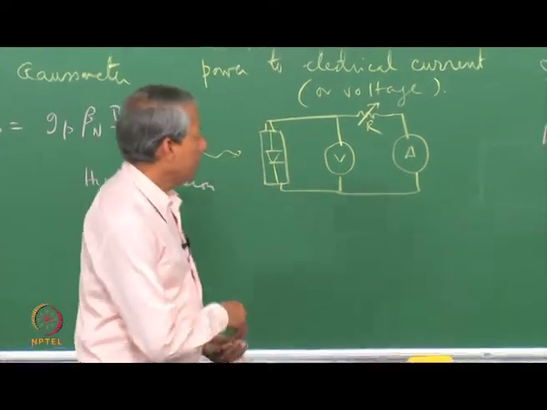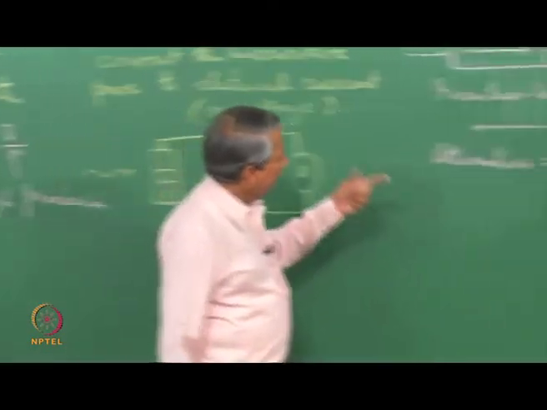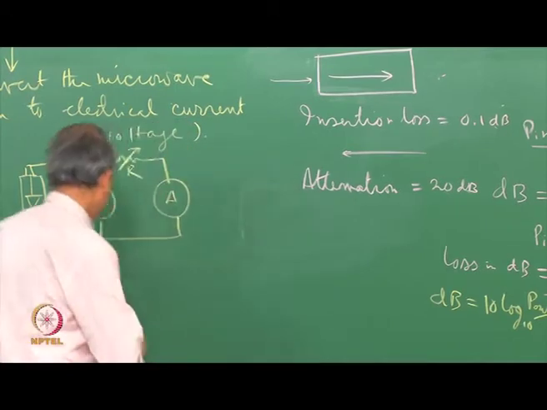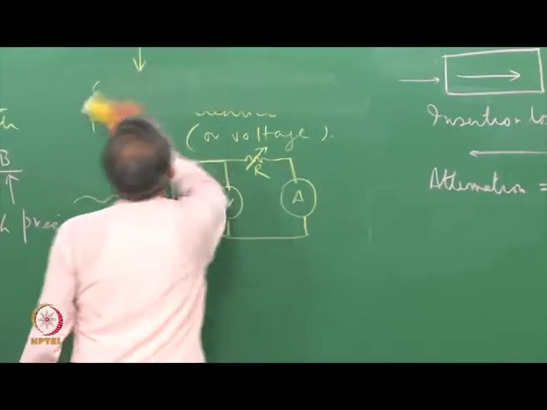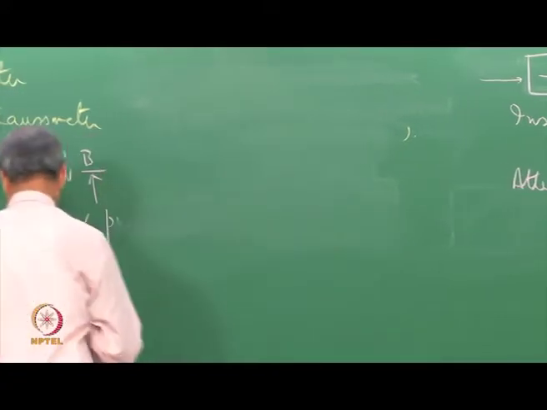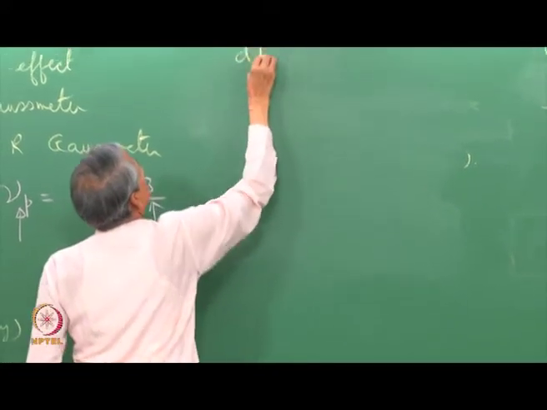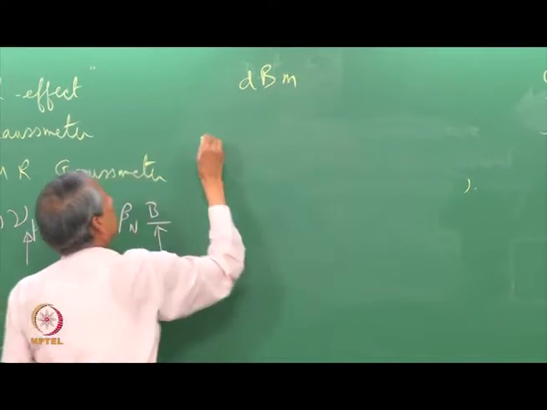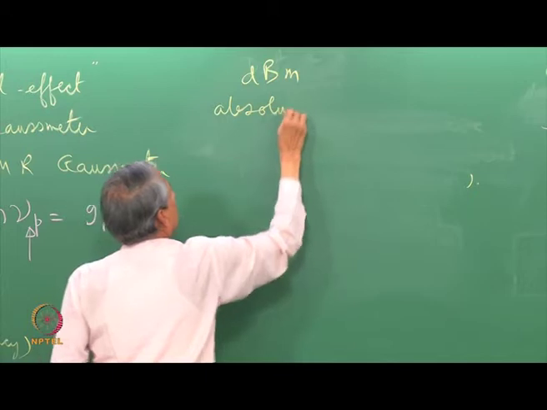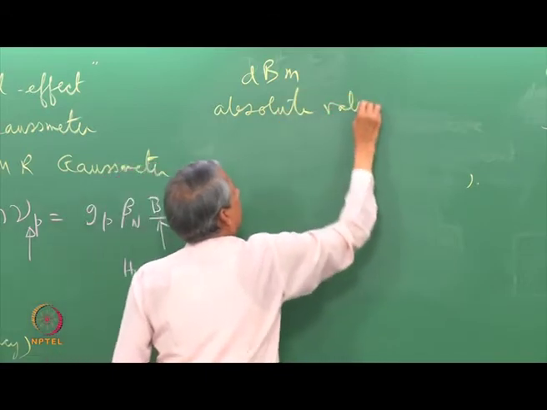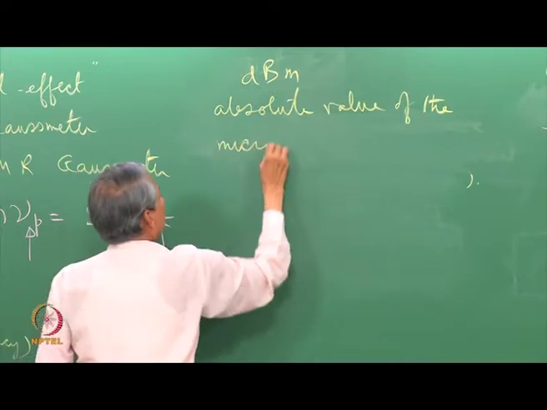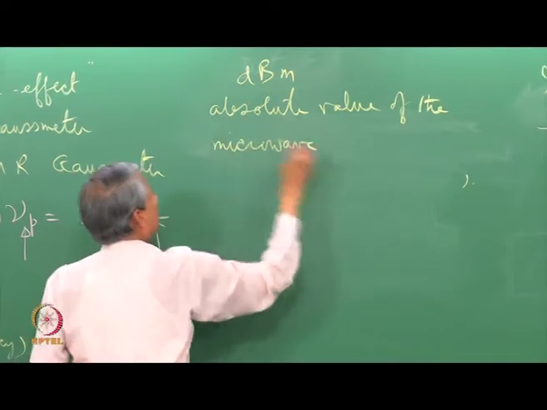Sometimes, instead of milliwatt, one uses an equivalent definition of microwave power in terms of dBm. This is called dBm. This is the absolute value of the microwave power.